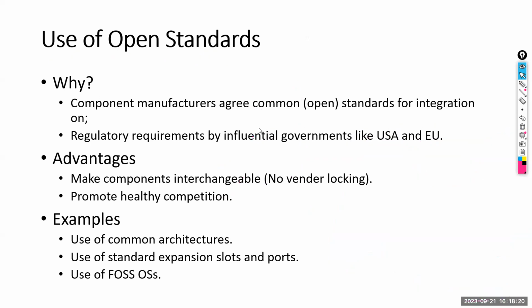This is possible because we use open standards. Open standards are agreed standards. Every manufacturer has to develop according to that standard. That is why one part can be replaced by another part. So you are not locked into one manufacturer when it comes to computers, which is good.